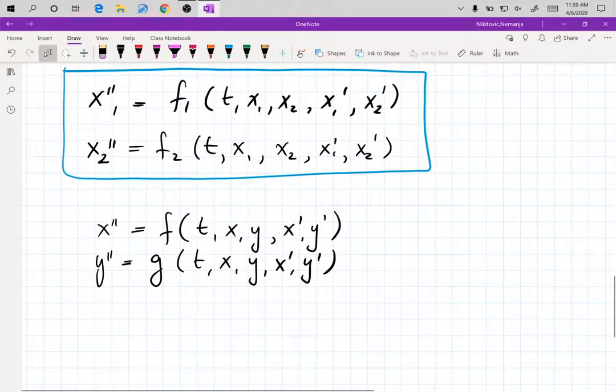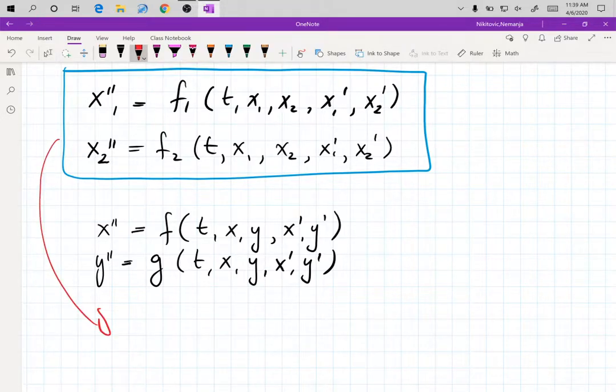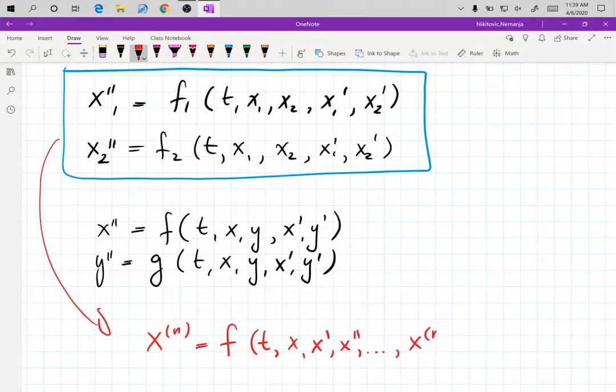Anyway, so now we would like to figure out how to deal with these situations. From here, I just want to write the equation that we can combine all of this into: the nth derivative is equal to some kind of function of the independent variable t, then you have x, x prime, x double prime, all the way to x to the n minus 1.